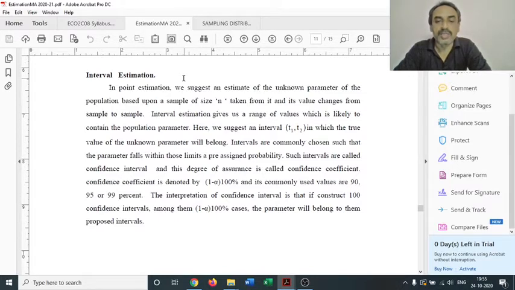In interval estimation, we propose a range of values which is likely to contain this parameter of the population. So here we propose a set of limits t1 and t2 in which the true value of this parameter will be located. Normally we consider these intervals such that the parameter appears within those limits with a pre-assigned probability.